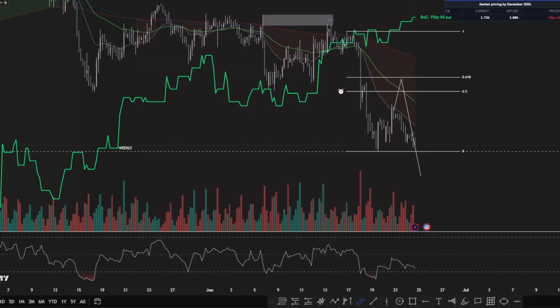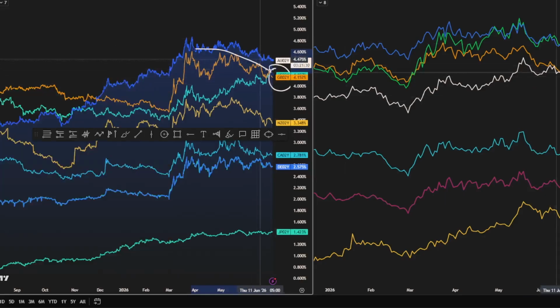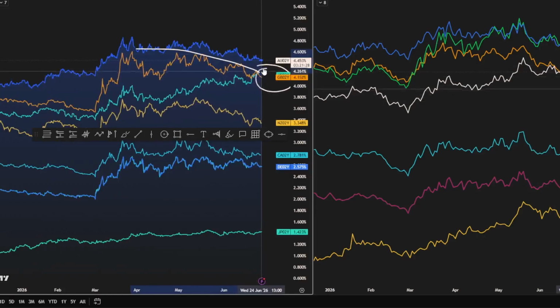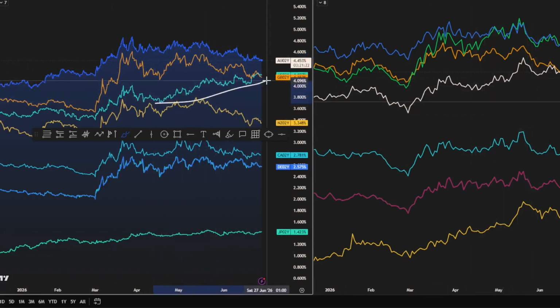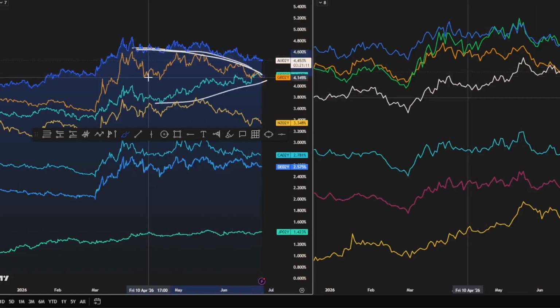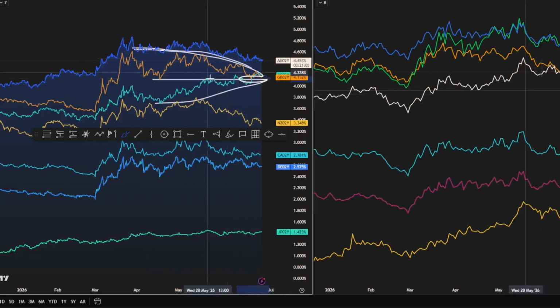If we take a look at the yield market, we can see that the pound has been trending lower, right, as compared to the dollar. So the dollar would be this blue line here. We can see the dollar has been trending higher. We can look at the pound, or the pound yield market, has actually been trending down, right? So it looks like it's primed to potentially take out this low, which would be the 4.13 to 4.12 area.